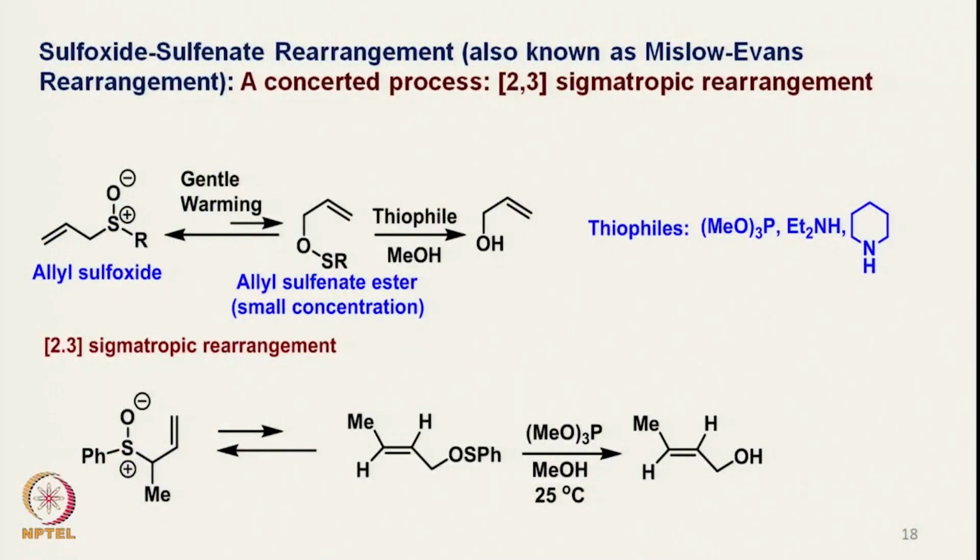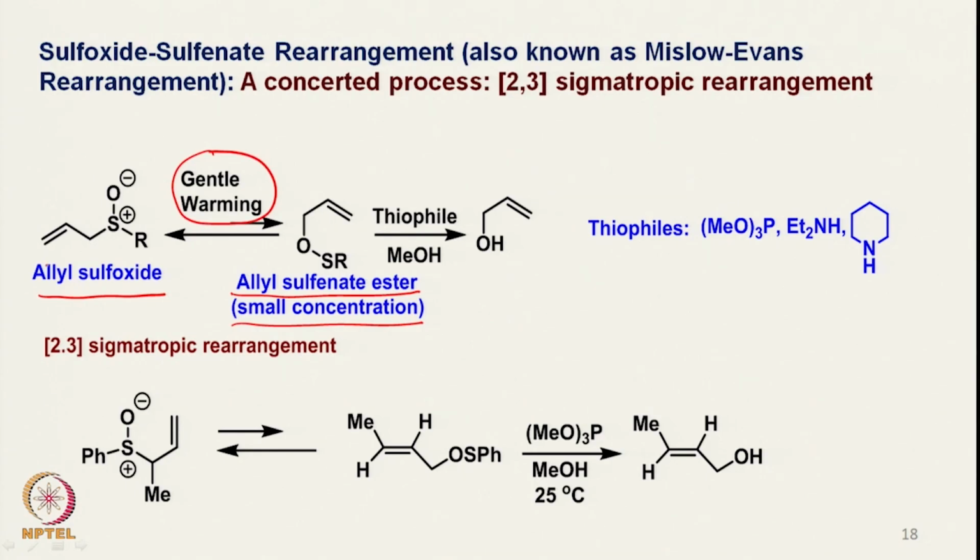Now we go to the sulfoxide sulfenate rearrangement, and this particular reaction is an interesting reaction which starts with allylic sulfoxide and which exists in equilibrium with allyl sulfenate ester. A very small concentration of this is observed when you do a gentle warming here.